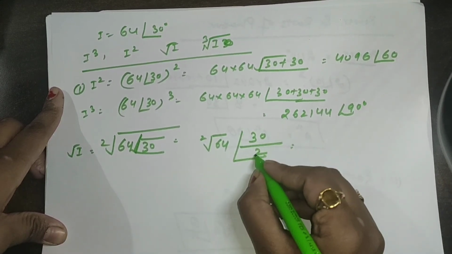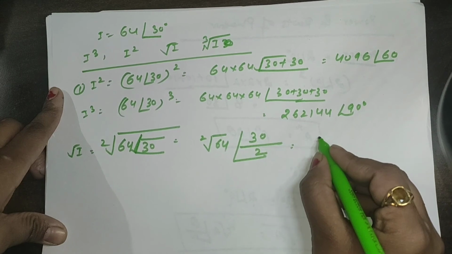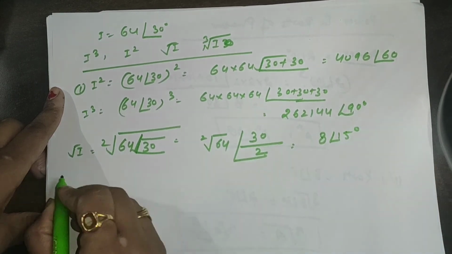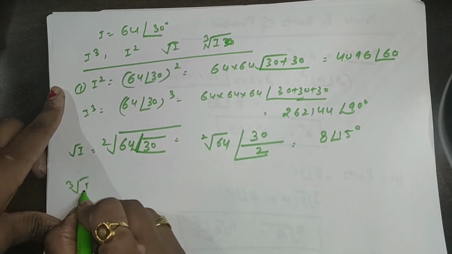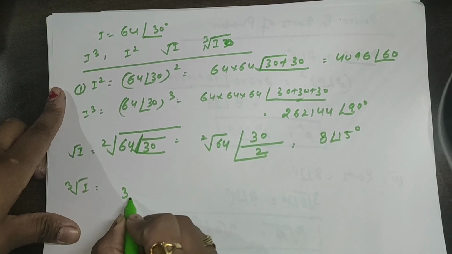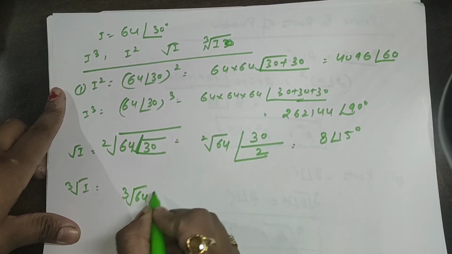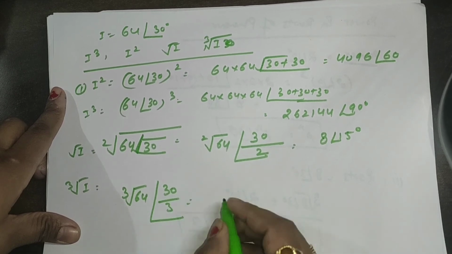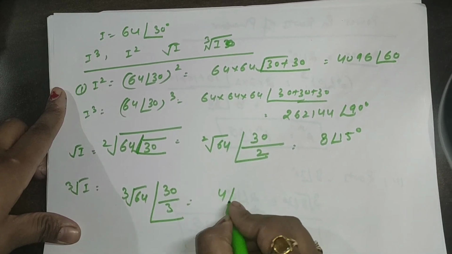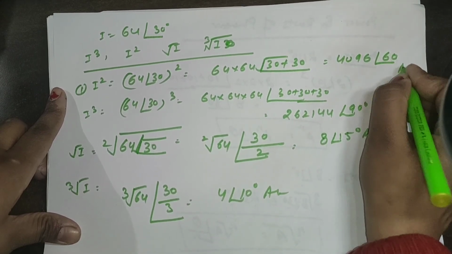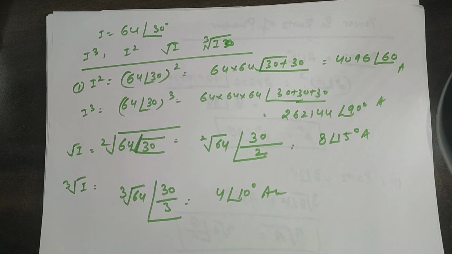So here that will be 15, and the square root of 64 is 8, so 8 angle 15. Now the cube root of I: that will be the cube root of 64, and the angle will be 30 upon 3, that is 10. So the cube root is 4 angle 10 amperes. This is your current in amperes. So I hope it is clear now how we can perform powers and roots.